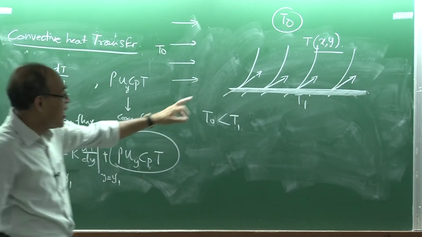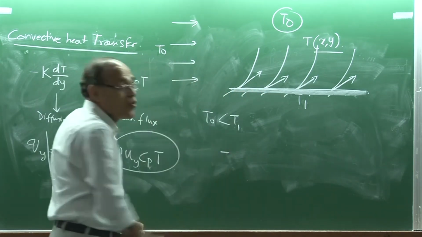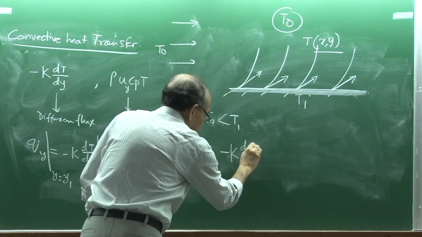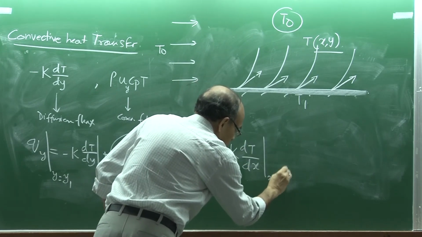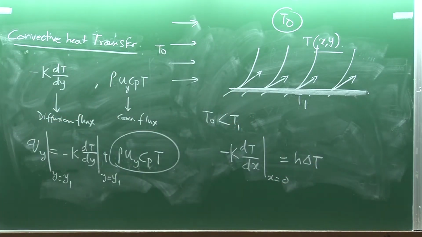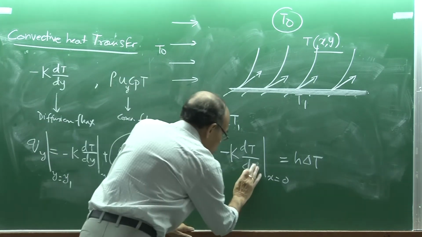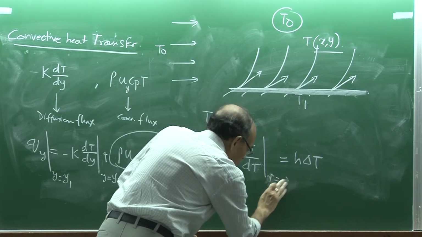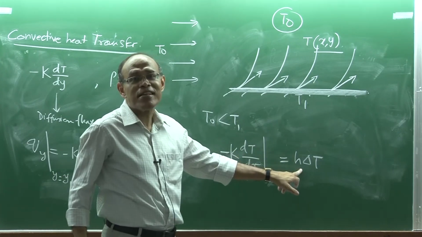Okay? So, therefore, the gradient is different, and as I said last time in the context I introduced for the spherical geometry, minus k dT/dx at the surface is given in terms of a heat transfer coefficient times delta T for a one dimensional problem, if you remember. In that context, for a sphere I have written this at r equal to r_s, the surface, where h represents the surface heat transfer coefficient.